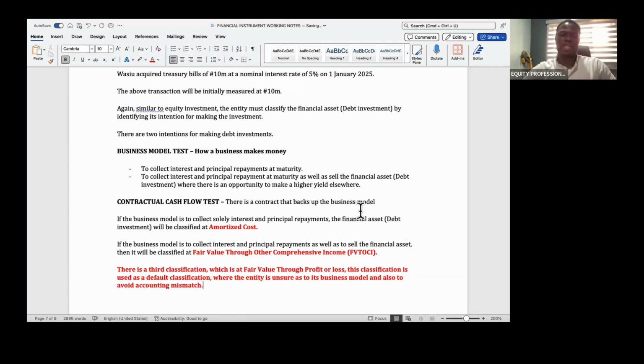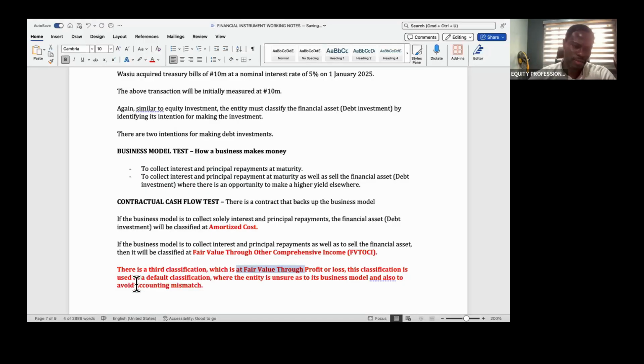So if the entity is unsure as to which of these business models it is using, whether it wants to sell or maybe just to collect interest and principal, then we are looking at fair value through P&L.